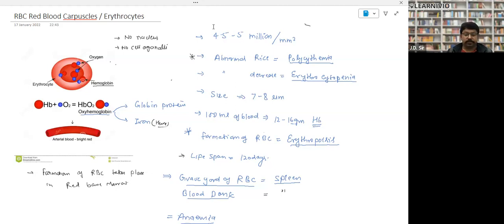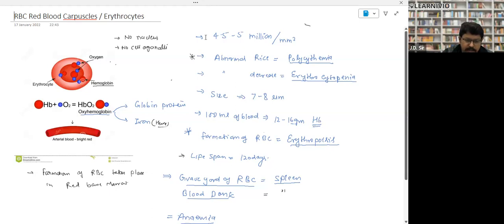It should have a nucleus, protoplasm, and cellular components like mitochondria and all. RBC do not have a nucleus, and many of the cellular components are missing. Because of this missing thing, we do not call it a cell. We call it a corpuscle.